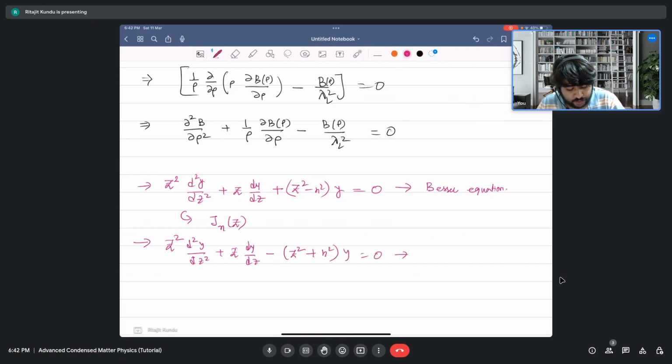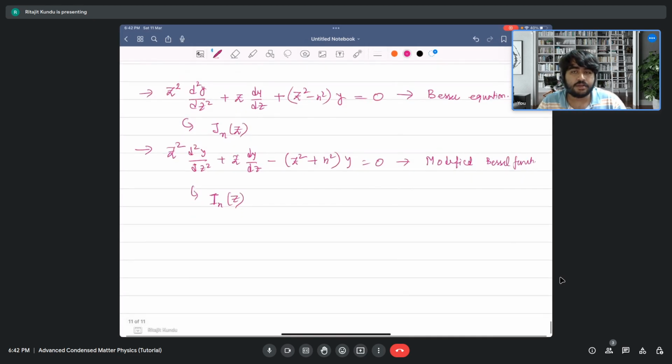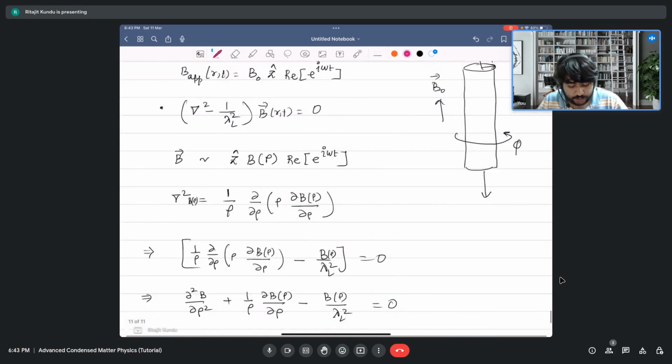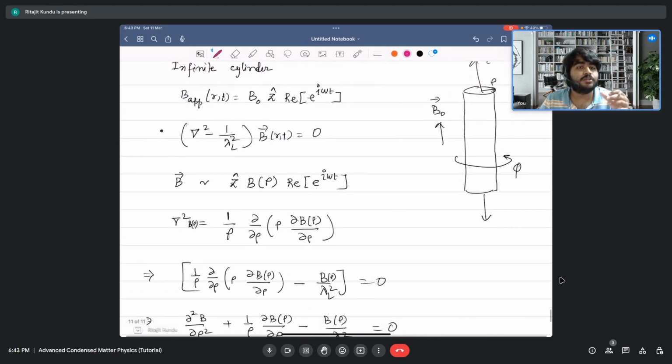So this is called a modified Bessel function, for which the solutions are written with some symbol I_n(z). This is something you can get out of any handbook of formulas. You don't have to remember it, but as a hint, because of this circular or cylindrical symmetry, the Bessel function should appear in the solution.